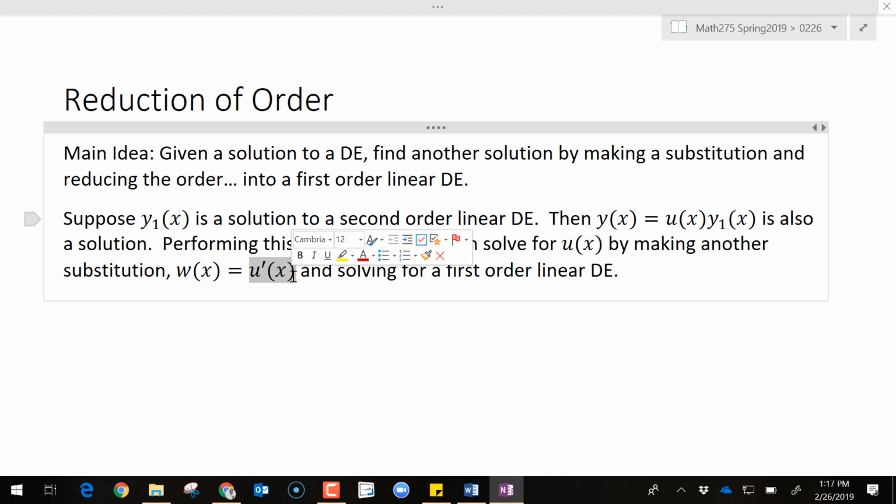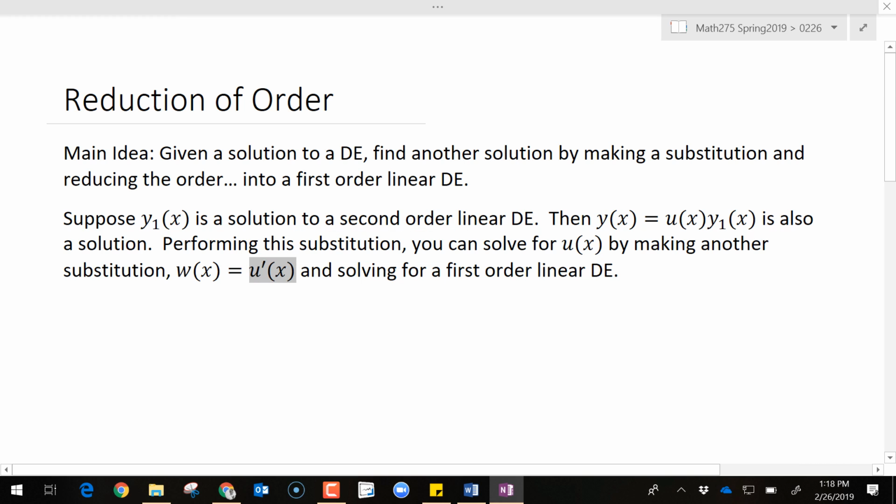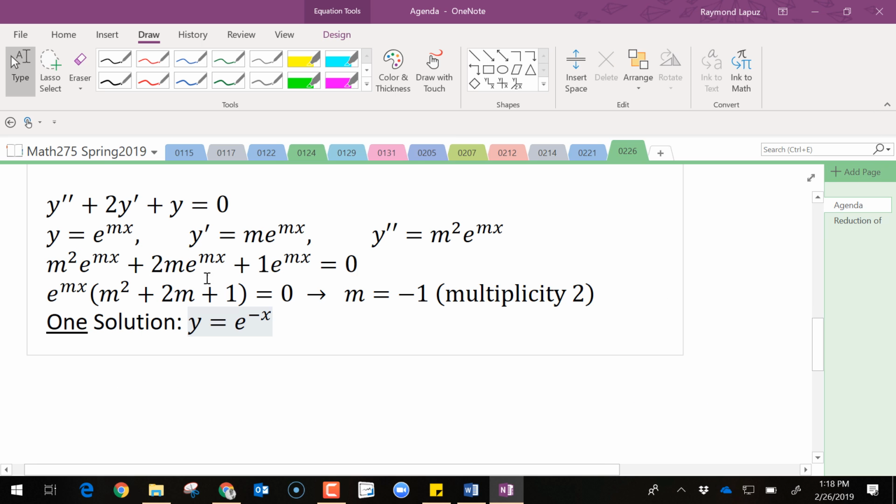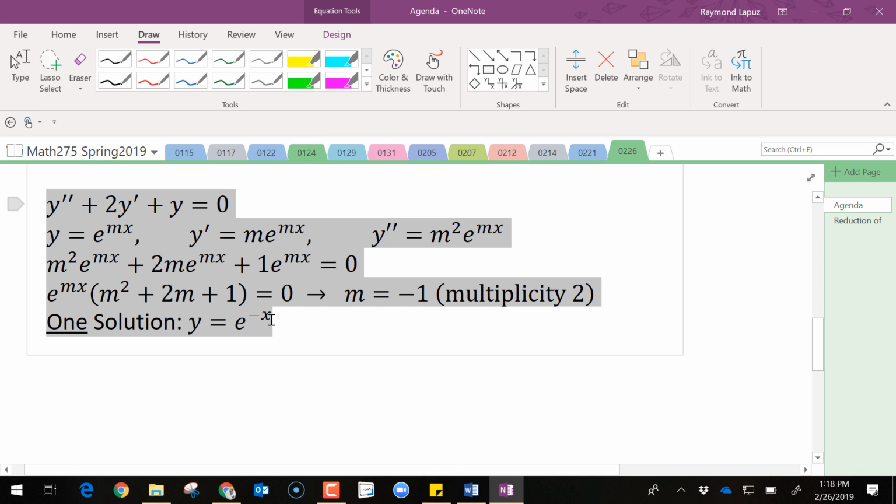At least if you pass the test, that means you know how to find solutions to first order differential equations. Did you guys pass the test? I don't know. I haven't graded it yet. All right, let's take a look at our problem. What was our problem again? This is our problem. And we know that e to the negative x is a solution.